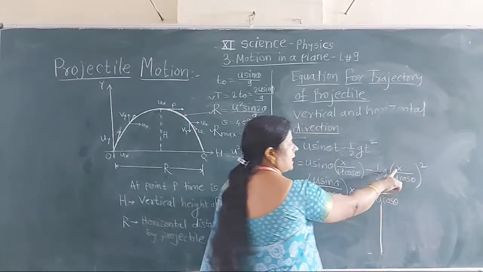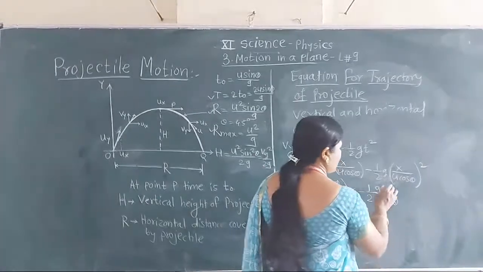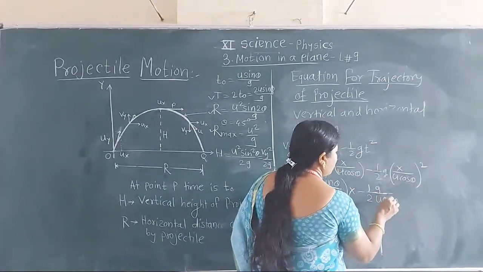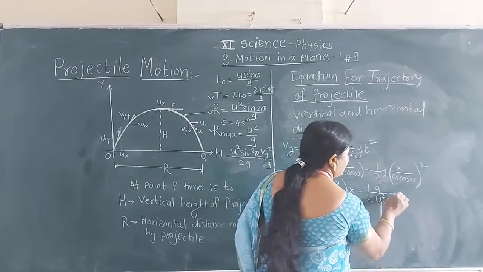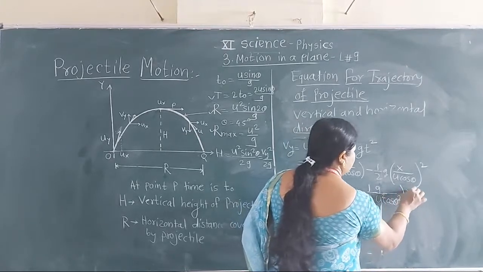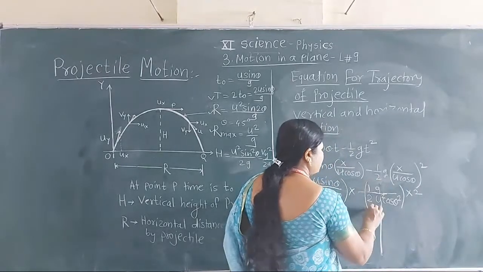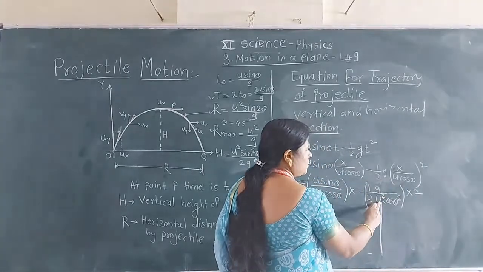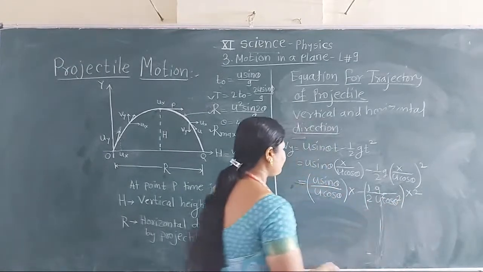Now this x divided by u cos theta, bracket square, therefore we get u square cos square theta into x square. I rearrange the term as minus 1/2 g u square cos square theta into x square.